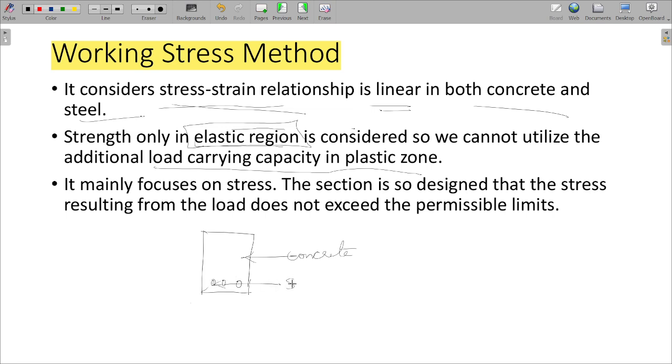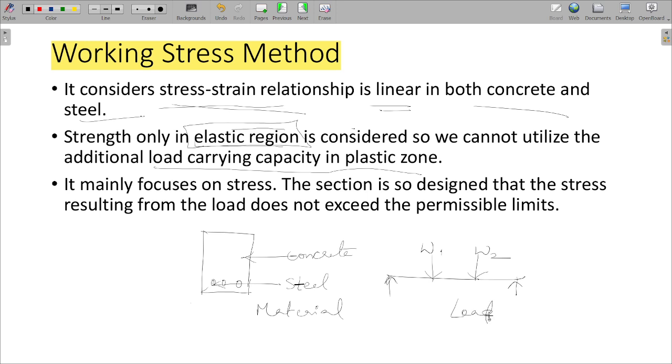So these are the materials. And if it is the beam, these are the supports. If load is acting on the beam, it is W1, W2. Here it is material and it is load.